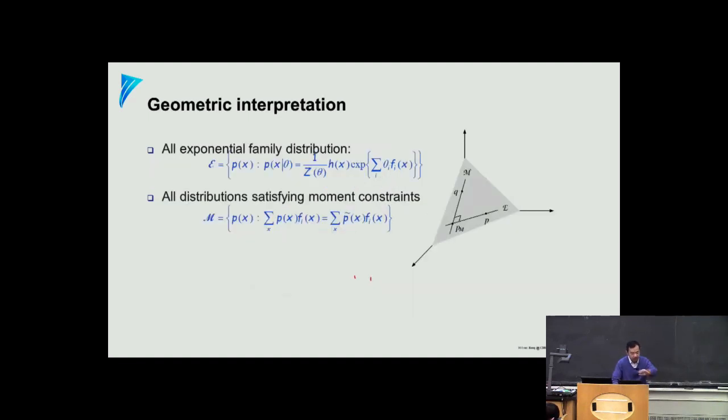So to quickly wrap up, I want to summarize by giving you a more holistic view of all these different estimation principles and styles in the world of graphical models. One is to begin by assuming a model family, say an exponential family distribution.